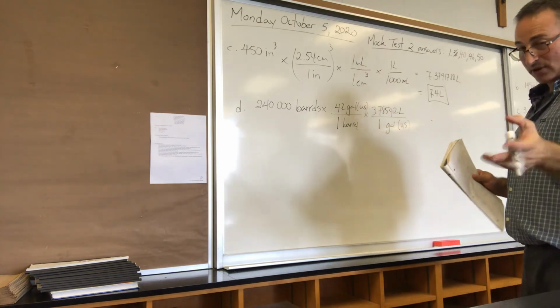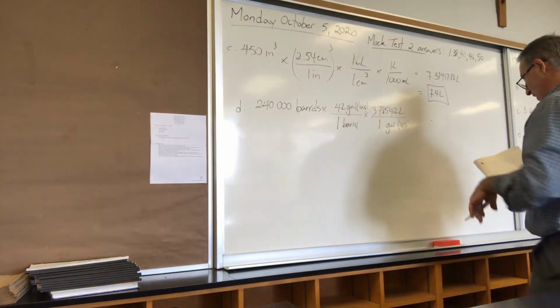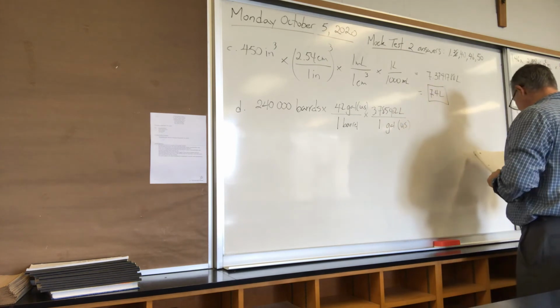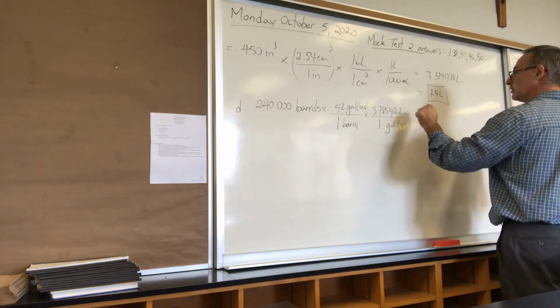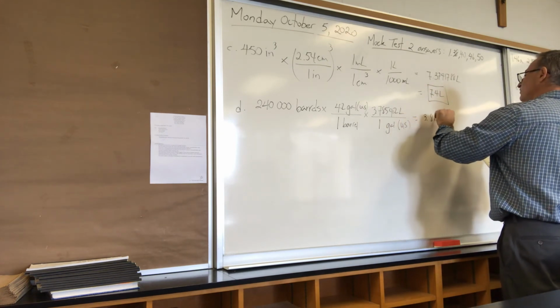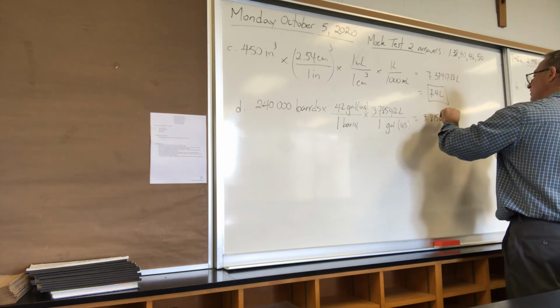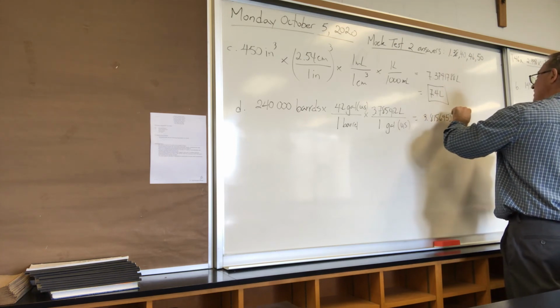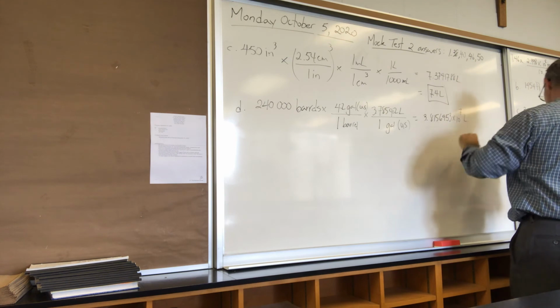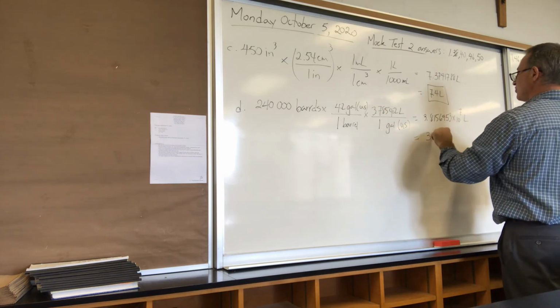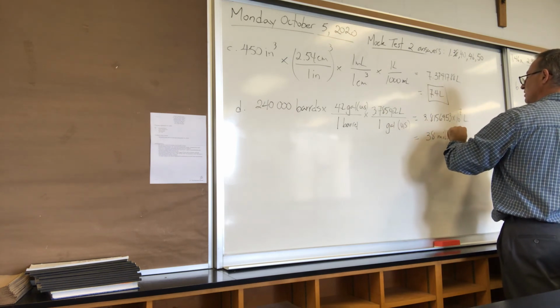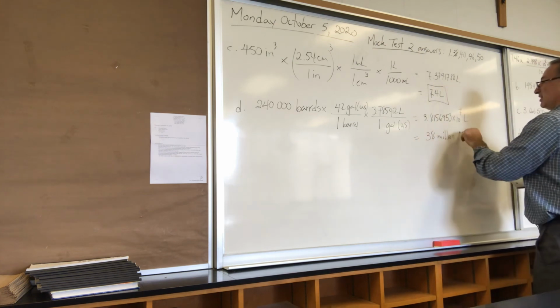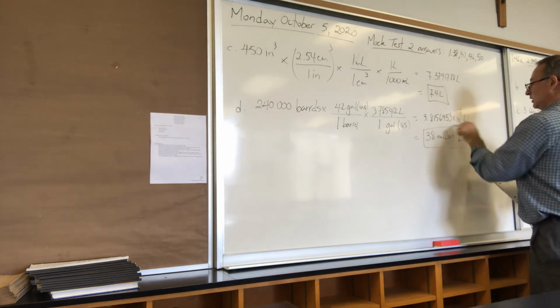Our gallons are bigger than American gallons, just remember that. What you get is 3.815695 times 10 to the 7 liters. 2 sig figs means 38 million liters of oil.